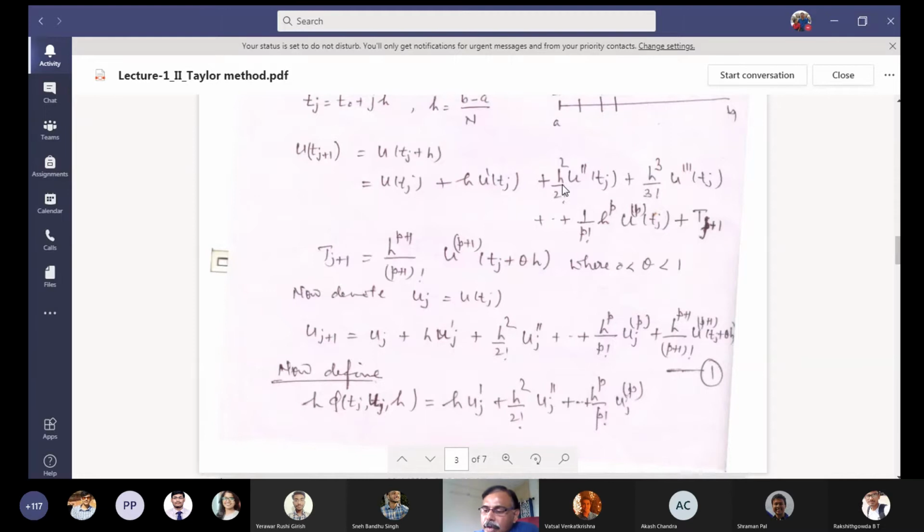Okay. So you require u prime, that is given. u prime is given as f. u double prime will be what? Either you write the f directly. f is what? Minus 2x u square for that problem. So what will be u double prime in this case?